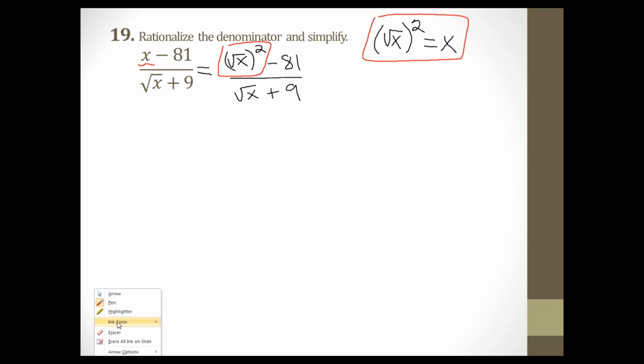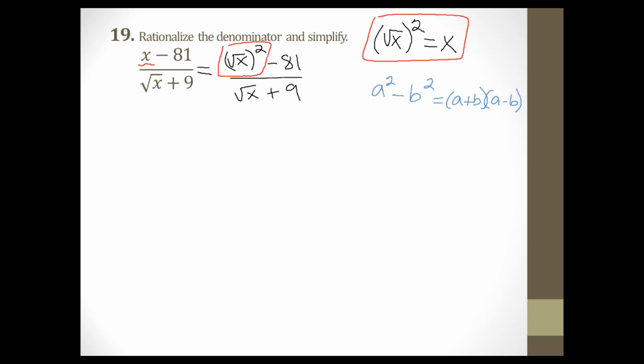a squared minus b squared equals a plus b times a minus b.